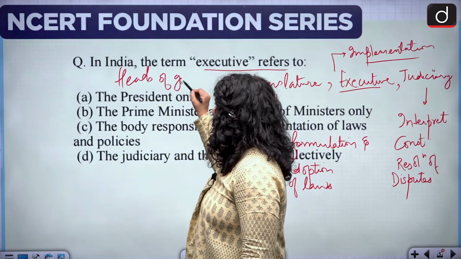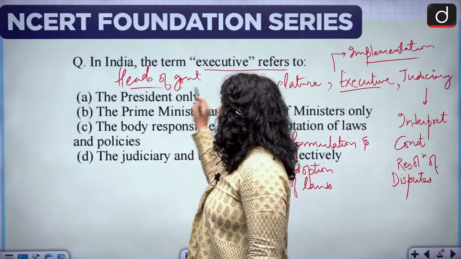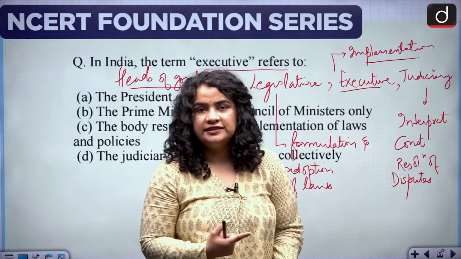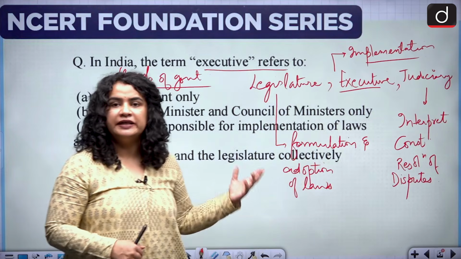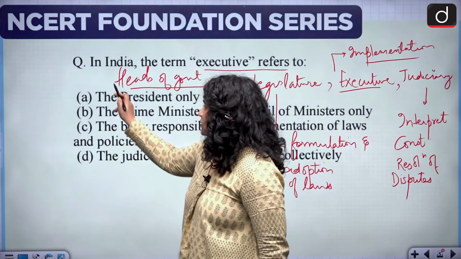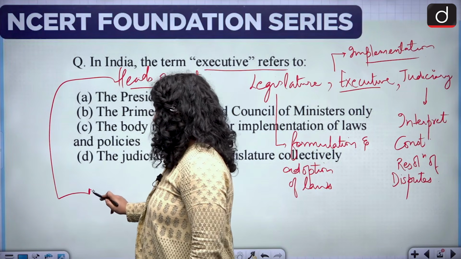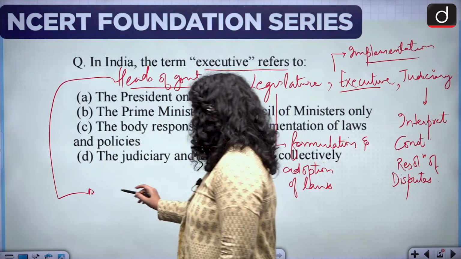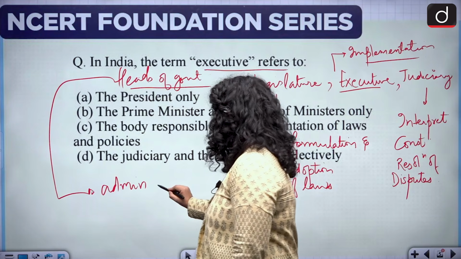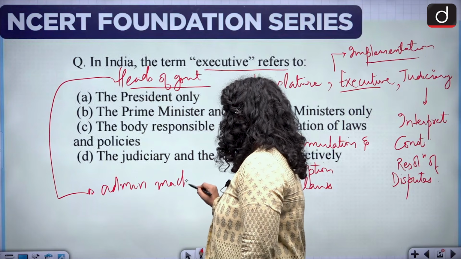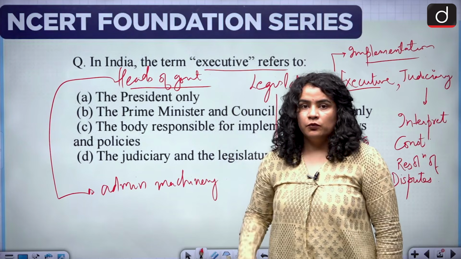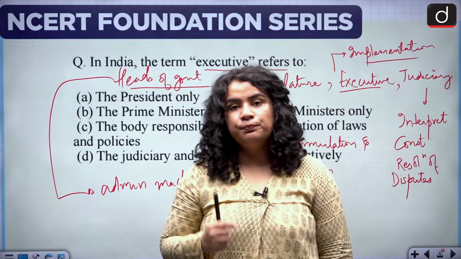Heads of government do constitute the executive. This may include your president, your prime minister, your different ministers, but it also extends to the administrative machinery, which includes your civil servants, your bureaucrats.